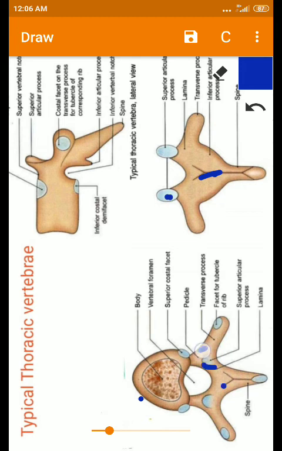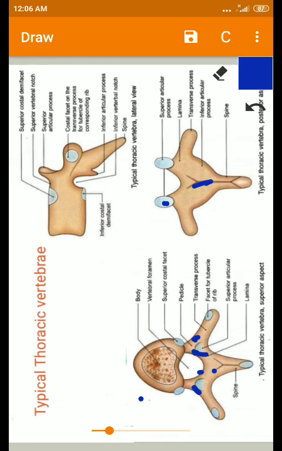Here we can see the upward position of the superior articular facets of this vertebra. Where are the superior articular processes present? These project upwards at the junction of laminae and pedicles. These blue colored facets face backwards, laterally, and upwards. So this is about the superior articular facet.